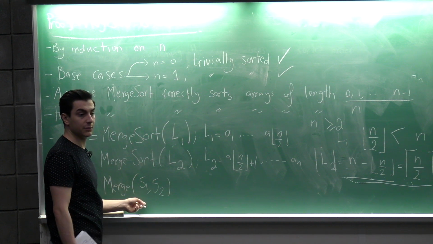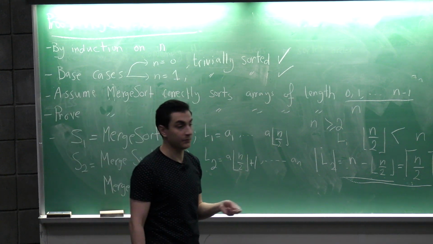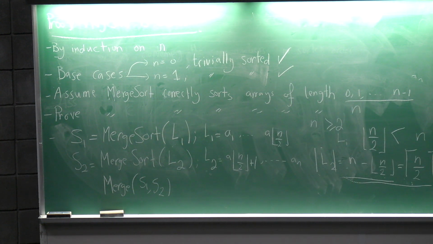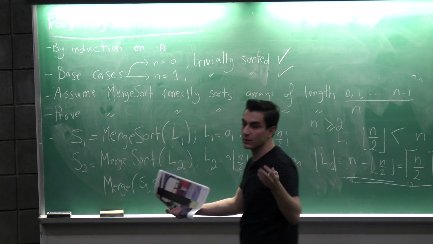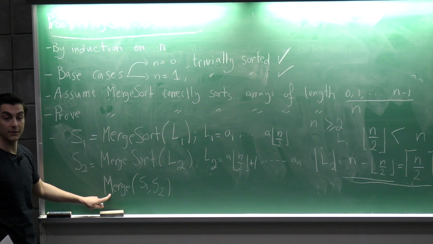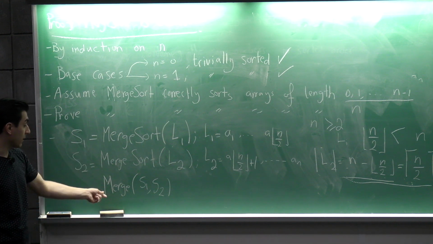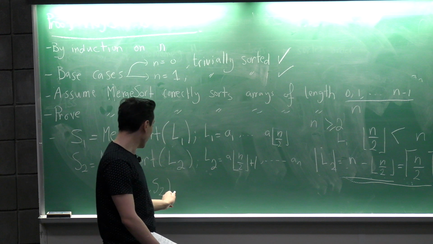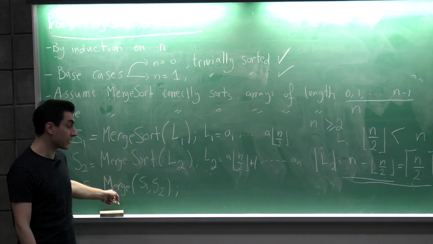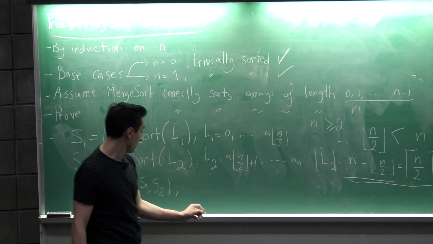Now, in the case of merge, we're going to first check the code and look at the code. And we will say that we looked at the code, we inspected it, and it looks like the code is correctly merging two sorted lists. So the merge function, that's the vacuous part of the proof, is we looked at the code, it looked correct, so the merge function is correct. But what do we need to say now? Well, S, which is the result of merging S1 and S2, is what?